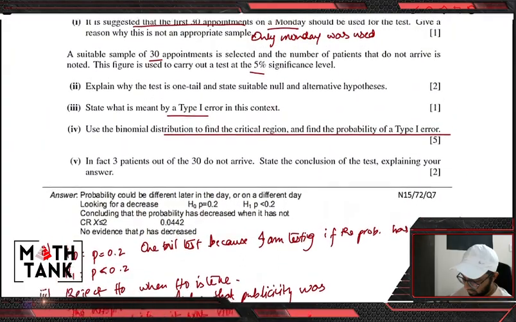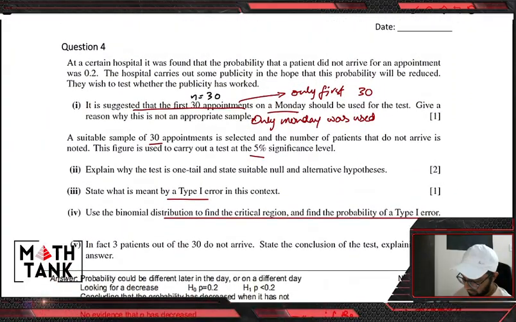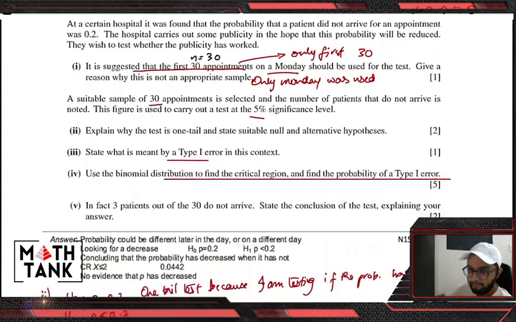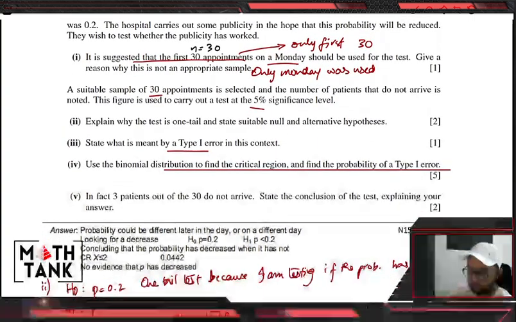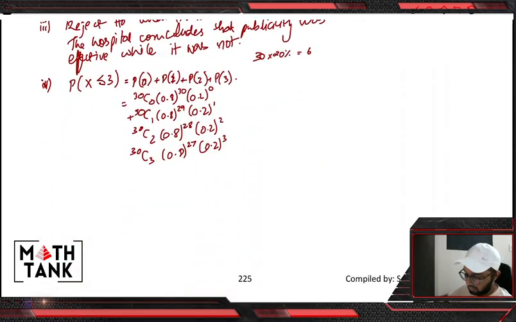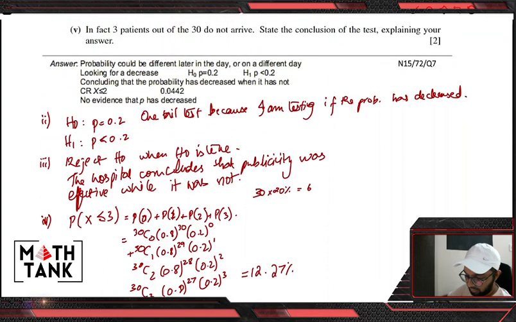I'm making sure that I've done this correctly. Oh, n is 30. That gives me 12.27%.